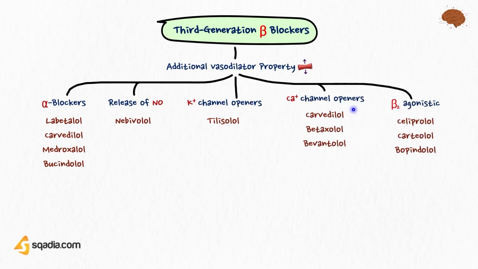Next is calcium channel blockade. Carvedilol, bevantolol and similar drugs block calcium channels, and through this they cause vasodilatation. Beta-2 agonistic activity: beta-2 blockade causes vasoconstriction, and beta-2 agonistic activity causes vasodilatation. So some drugs like celiprolol, carteolol, and bopindolol may cause additional vasodilator property and are included in third generation beta blockers.